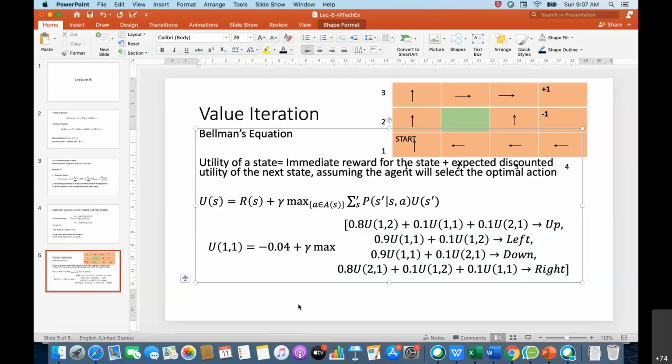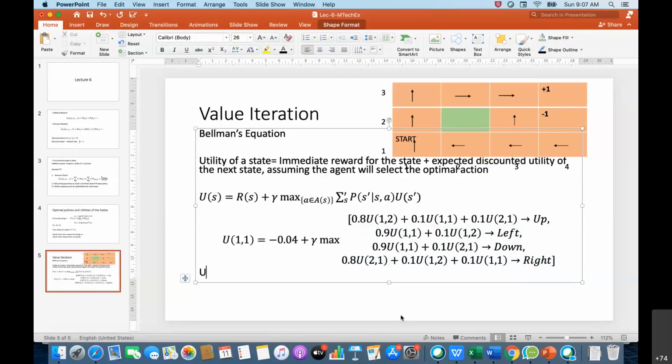Now, if you compute everything, you will see that here up is going to be the optimal action. Up is going to be the best action. So, is this much clear to you?